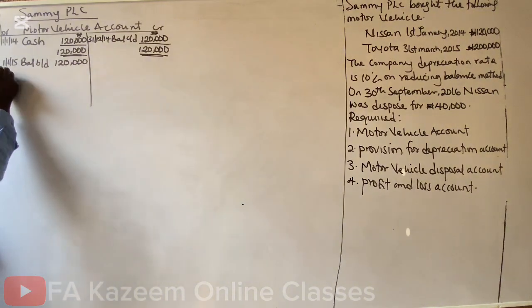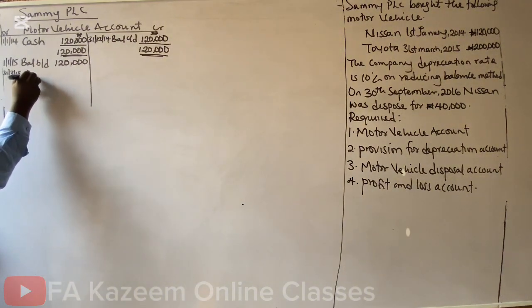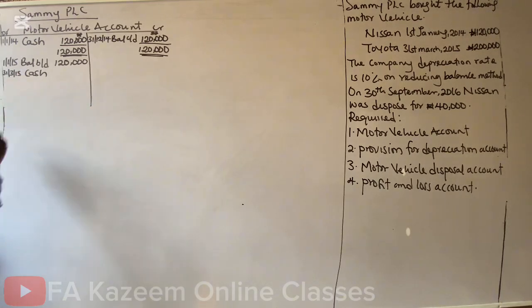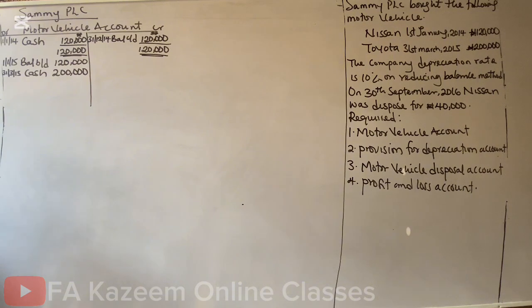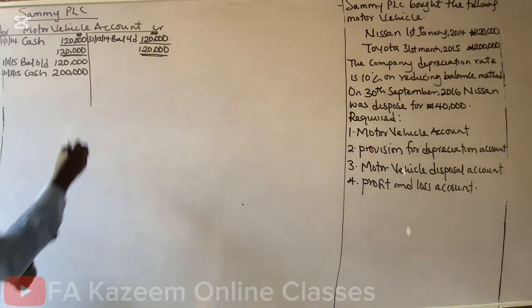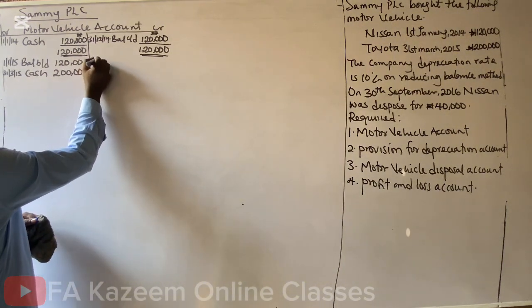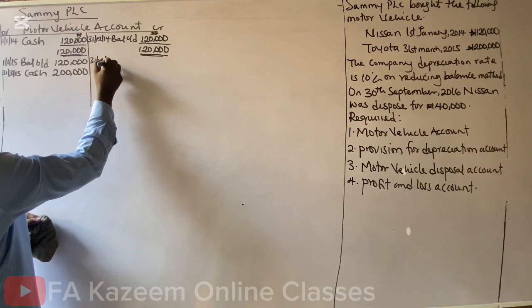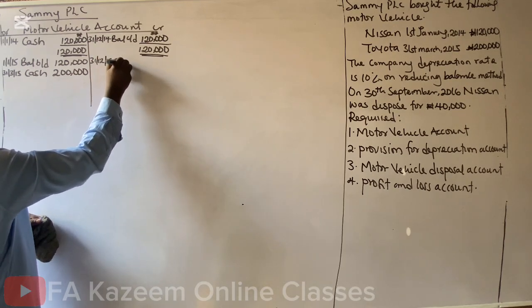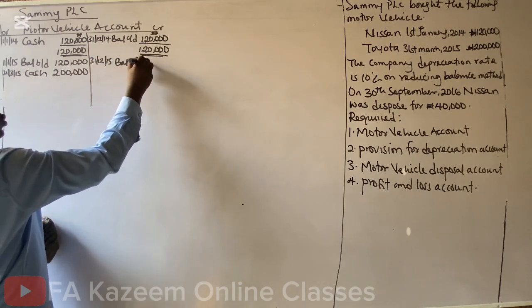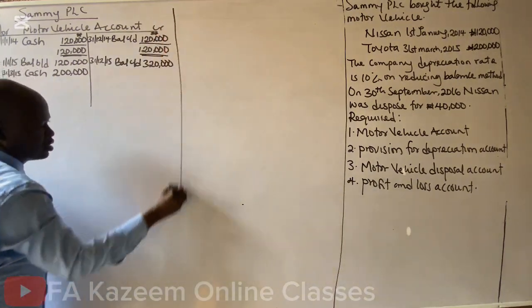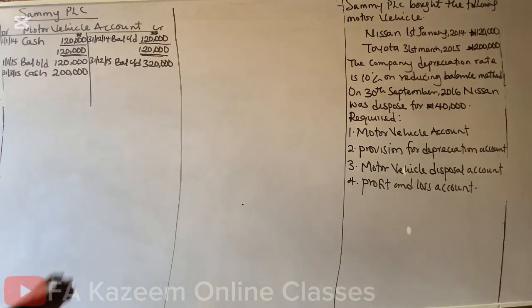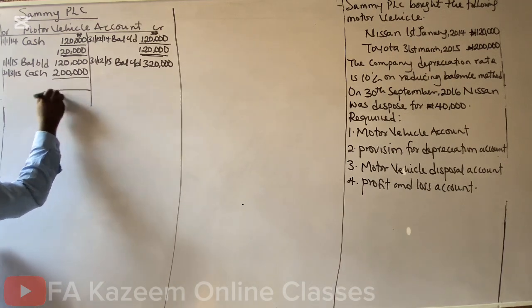On 31st March 2015, we'll represent that one too by cash, 200,000. Meaning the total assets in Sami PLC at the end of 2015 amounted to 320,000. Account close.